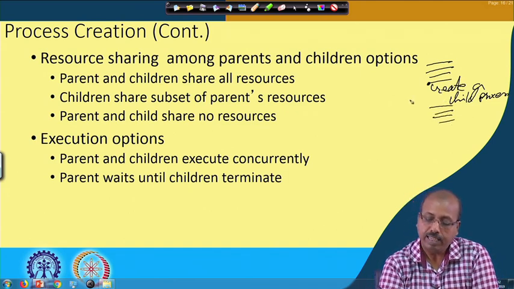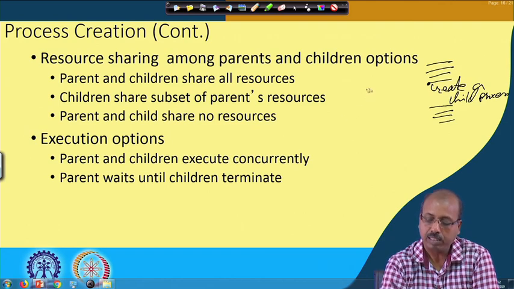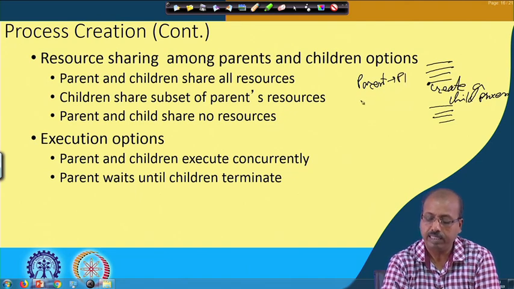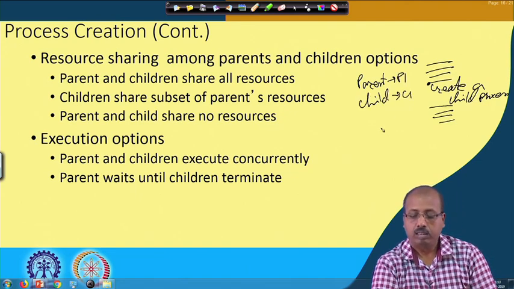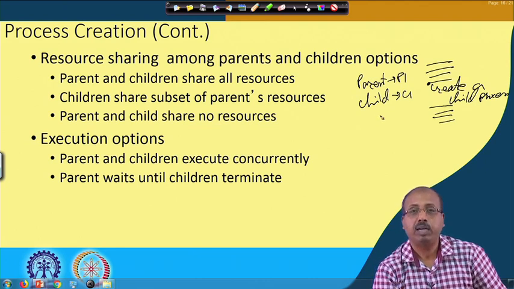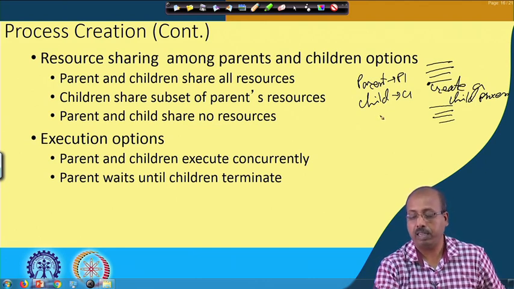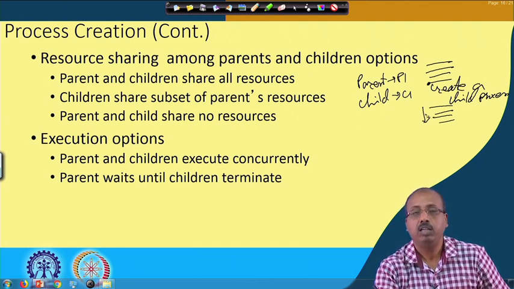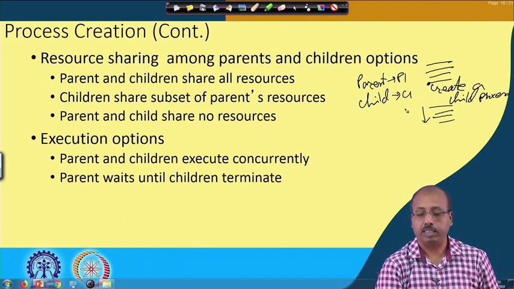Suppose this parent process was P1 and the child that is created is the process C1. Now, in my system I have two processes: one is P1, which after creating the child will continue, and another is the new child process that is created, which will do something.